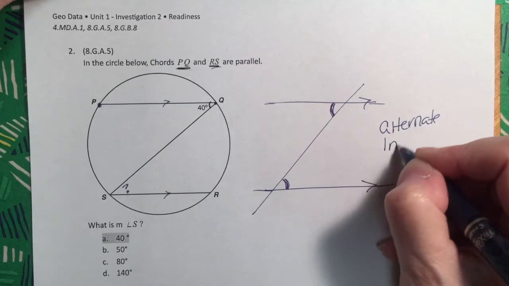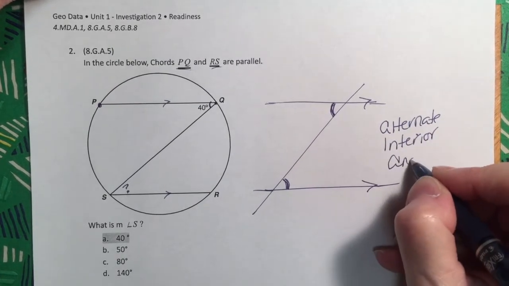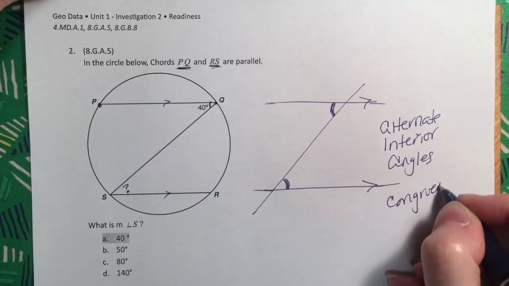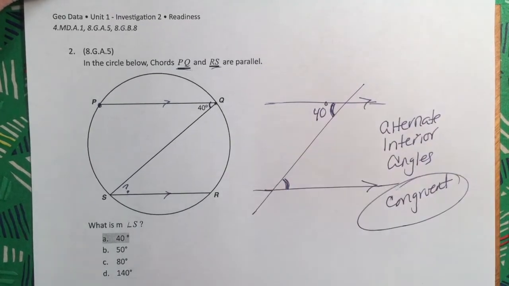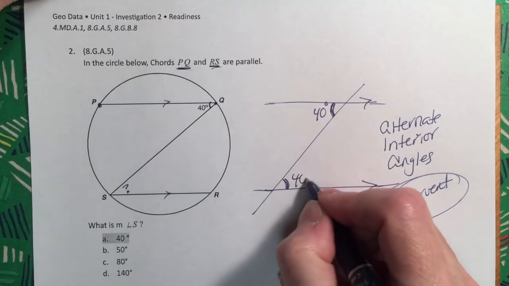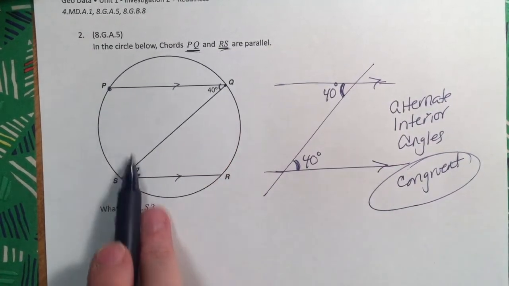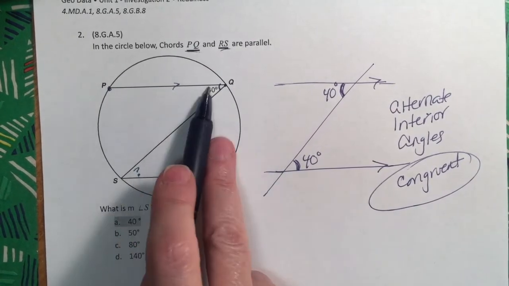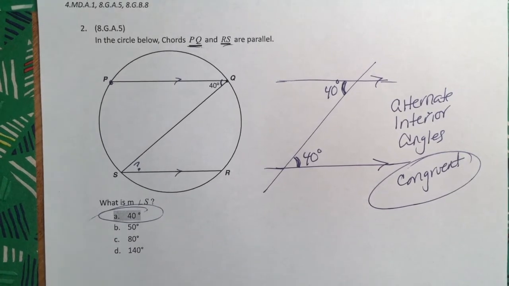And in an earlier unit, we learned that alternate interior angles are congruent, meaning they have the same measure. So if this angle is 40 degrees, this angle is 40 degrees. Just because it's inside a circle, they still are parallel lines with a transversal. Those would still be alternate interior angles, 40 degrees.